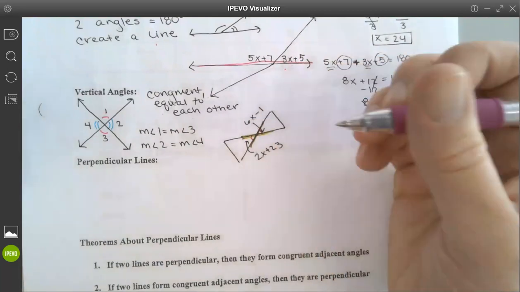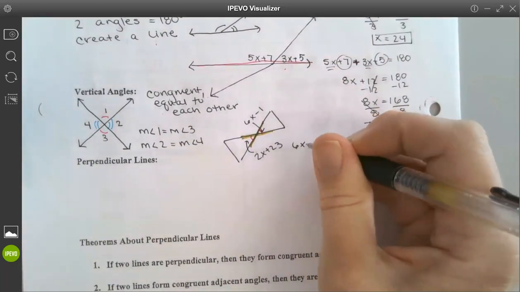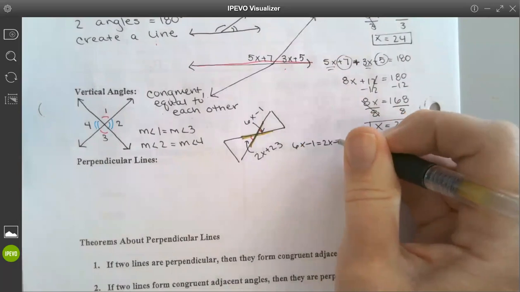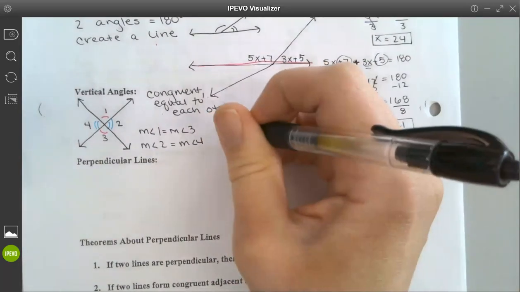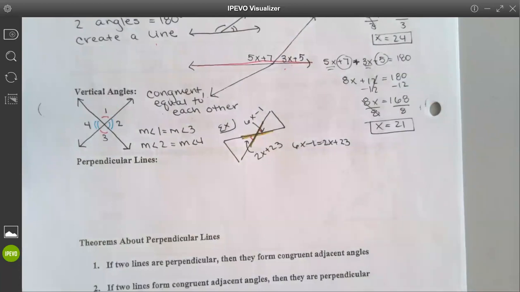So I know that these angles are congruent. So my equation would be 6x minus 1 equals 2x plus 23.